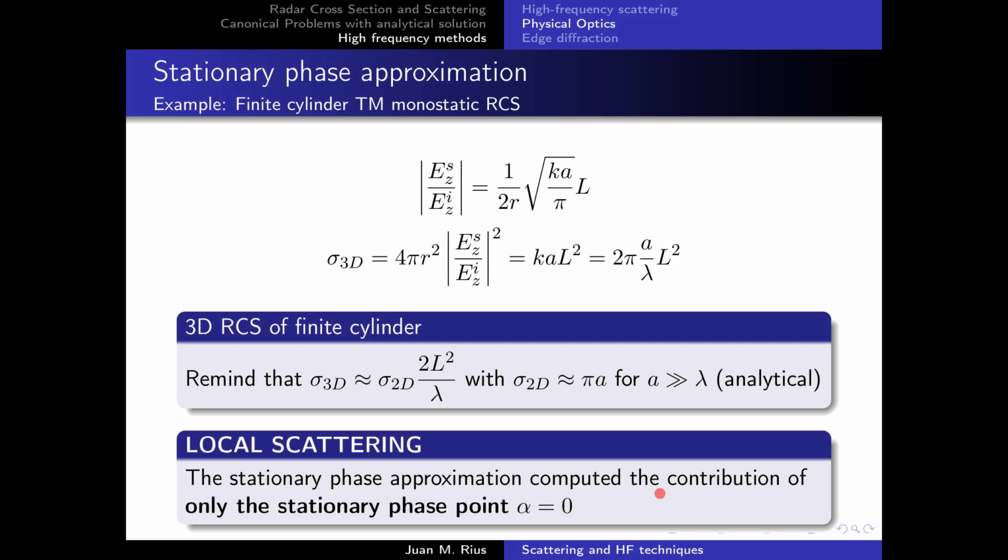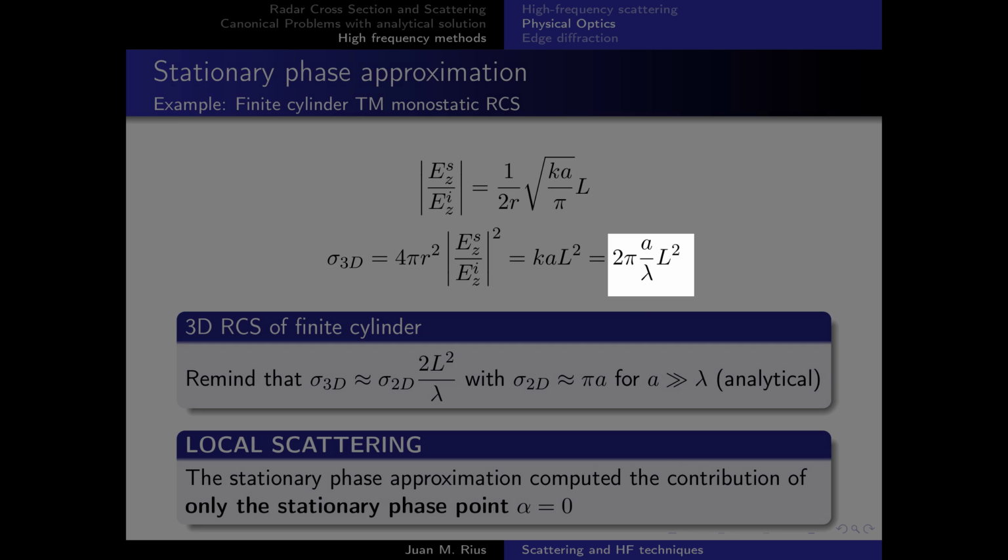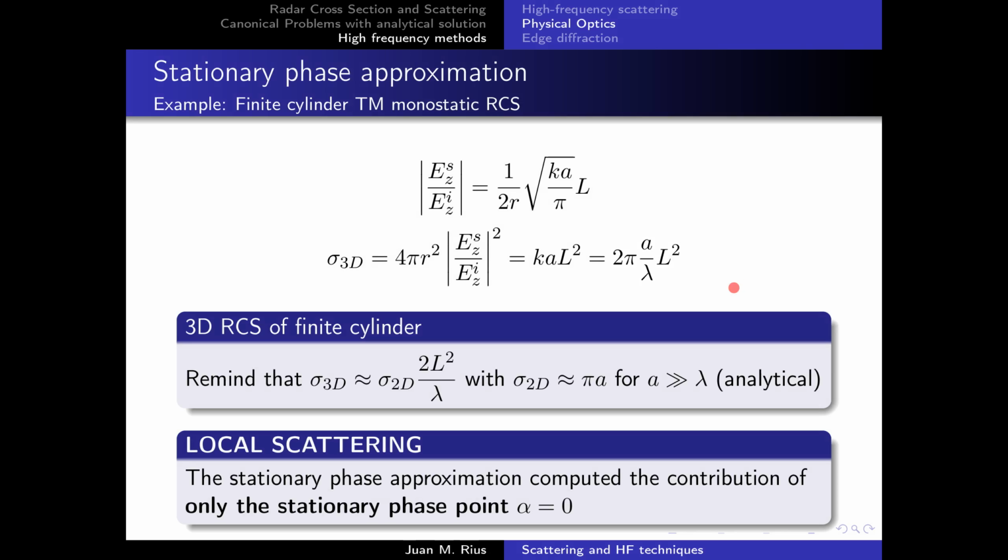And this shows that this result was obtained with the physical optics integral, but also with a stationary phase approximation. Remember, that is local scattering, because it only computes the physical optics current and the phase of its contribution at the stationary phase point.